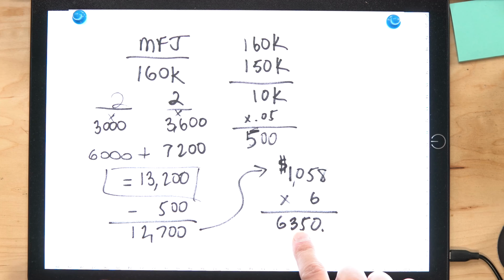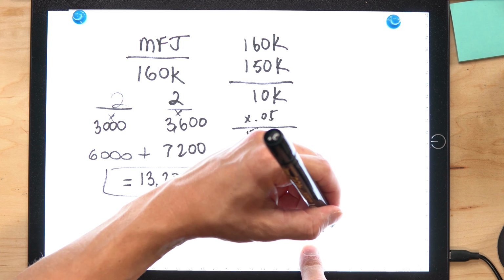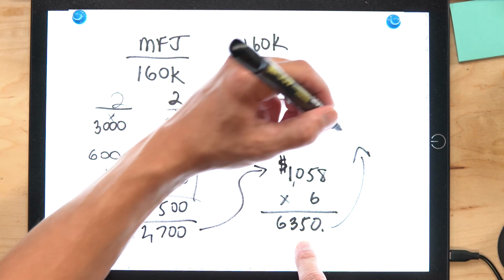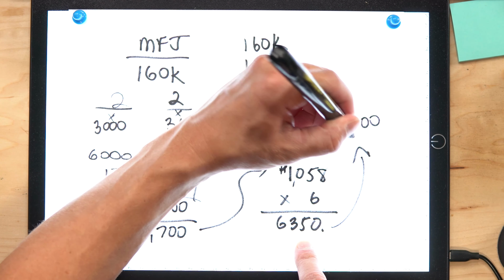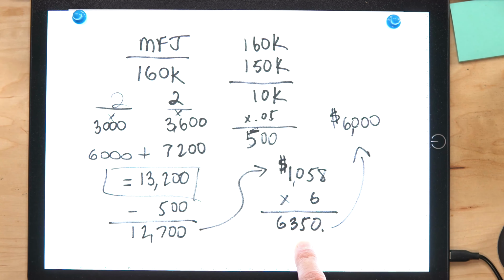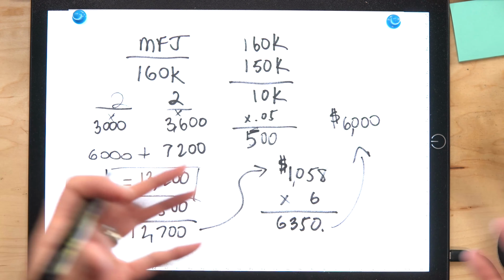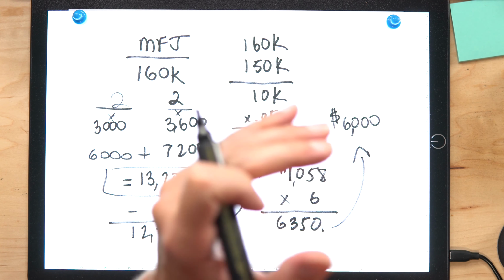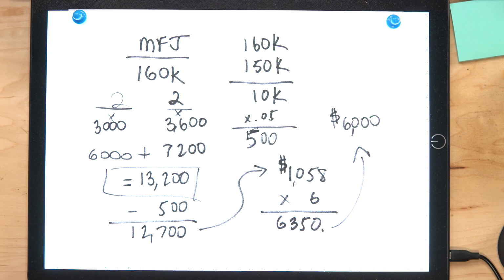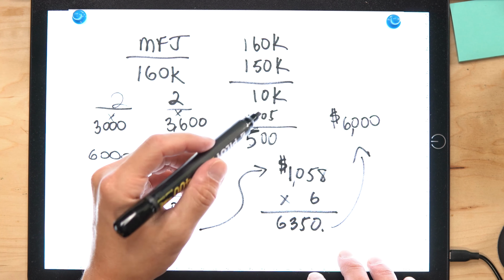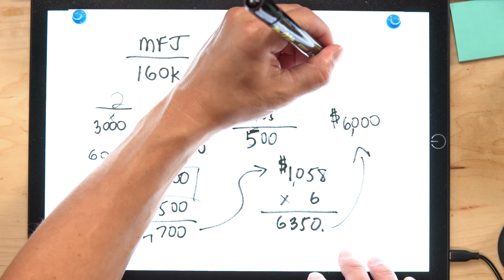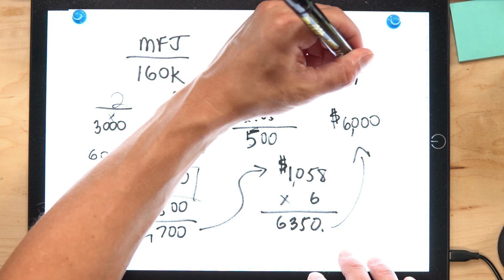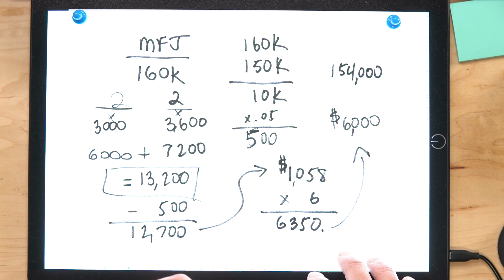So let's go back to this example. Let's say that we take our $6,350, and just for easy math, let's say that we put $6,000 into our retirement plan from now until the end of the year. That means our taxable income will be reduced by that amount. So we're not only going to get more from the child tax credit, but we're also going to save on our taxes. So that $160,000 now becomes $154,000 in our adjusted gross income.